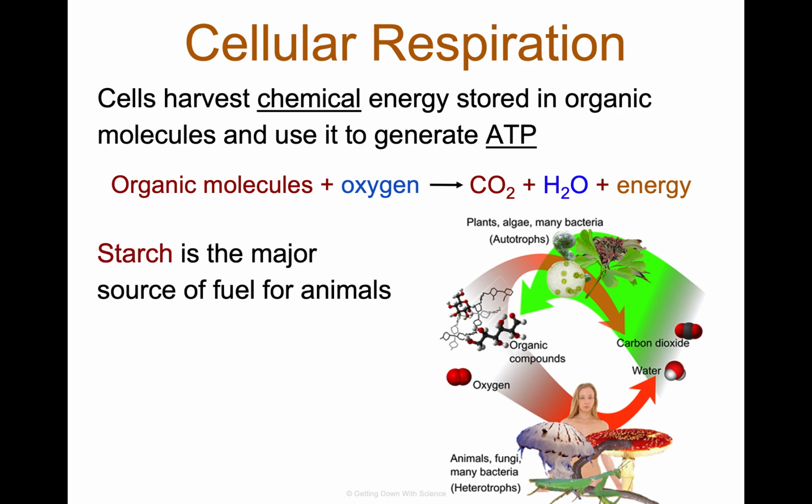Starch is the major source of fuel for animals. This breaks down into glucose. So animals like you and I, these heterotrophs, use oxygen and organic compounds to go through cellular respiration to get energy, to do things, to grow, to divide, to just exist and live.